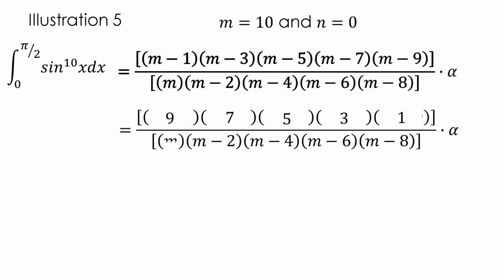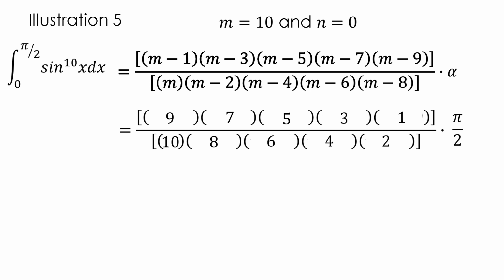For the denominator, m is 10, m minus 2 is 8, m minus 4 is 6, m minus 6 is 4, and m minus 8 is 2. The alpha will be pi over 2 since 10 is an even number.